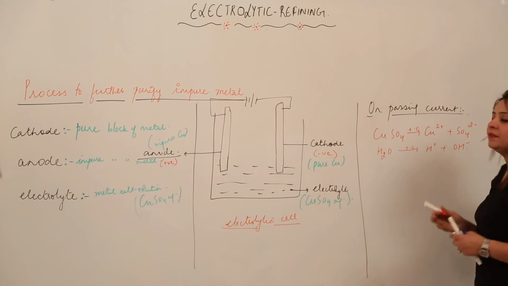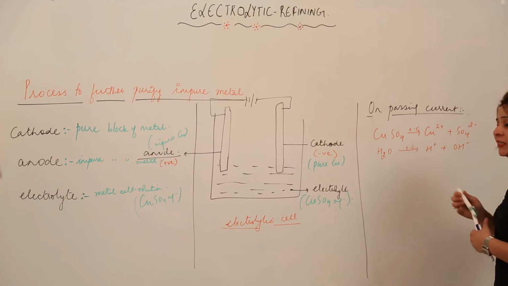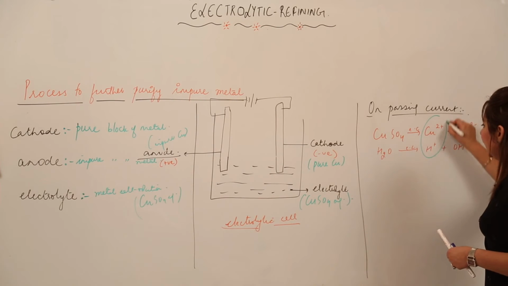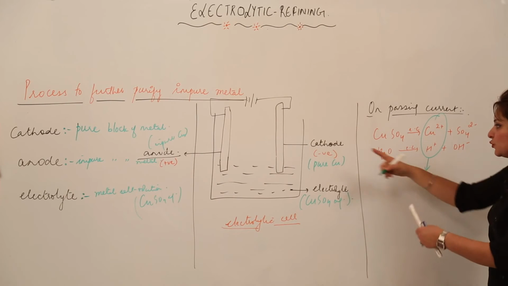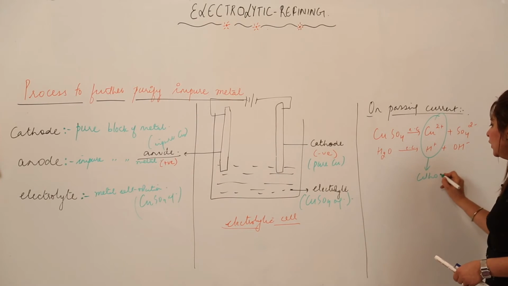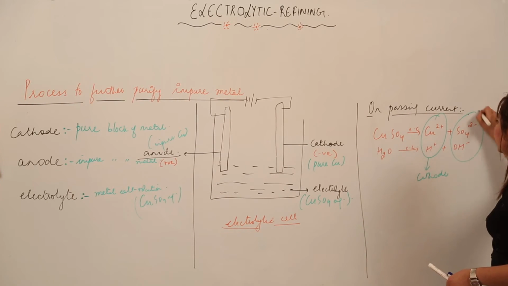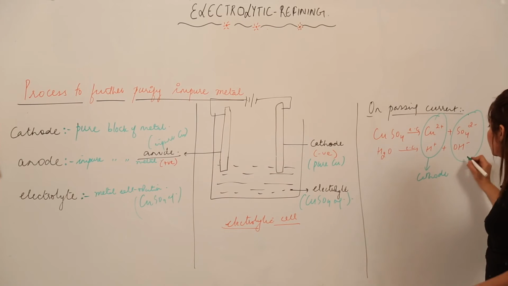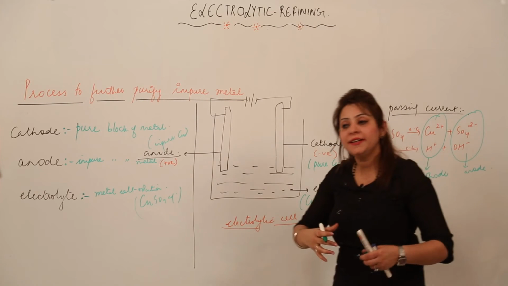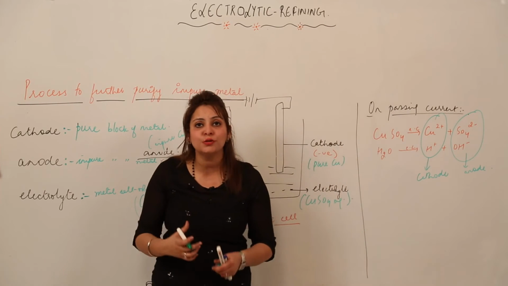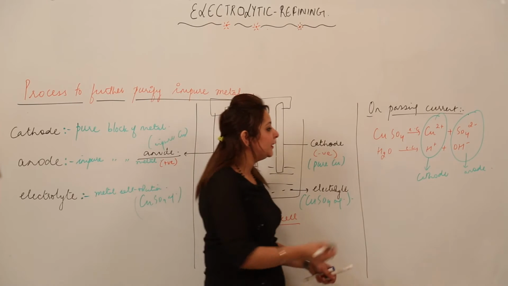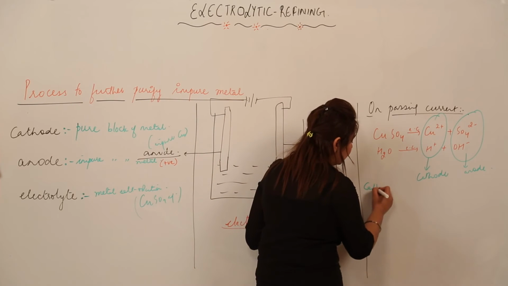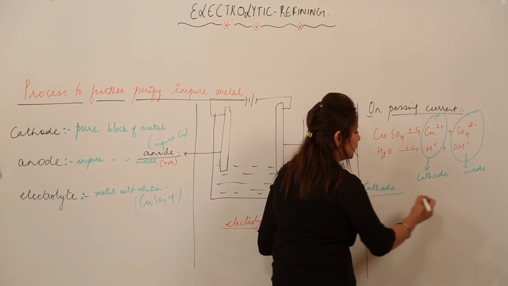Now as you know, the positively charged ions move to the negatively charged pole, that is the cathode, and the negatively charged ones move to the positively charged pole, that is the anode. And there they perform their general basic reactions of oxidation and reduction. So what kind of reaction do we see at cathode, and what kind of reaction do we see at anode?